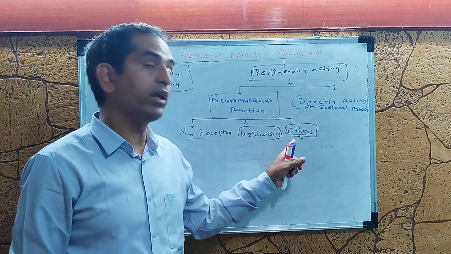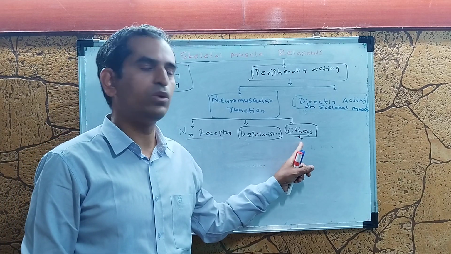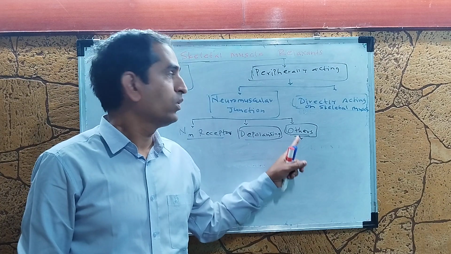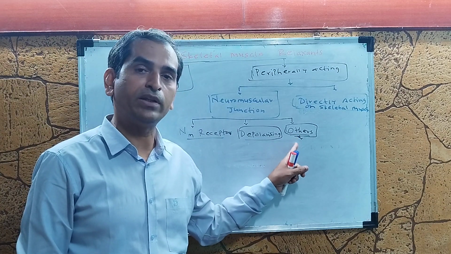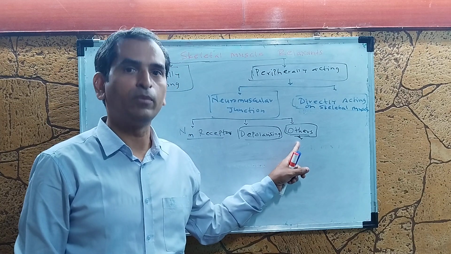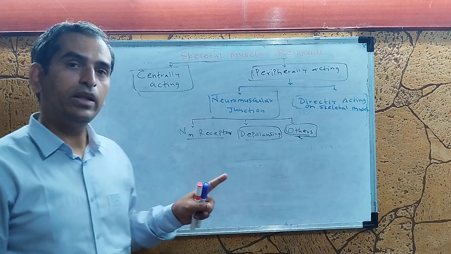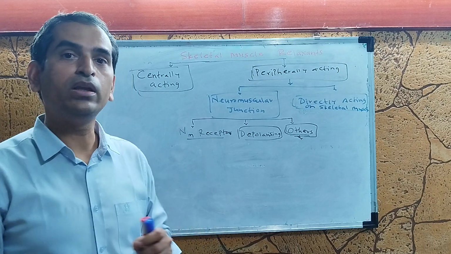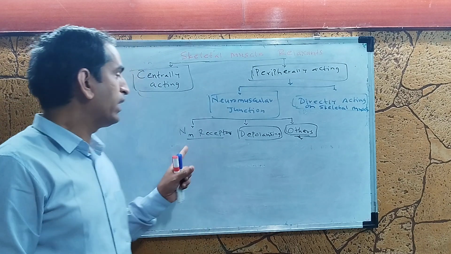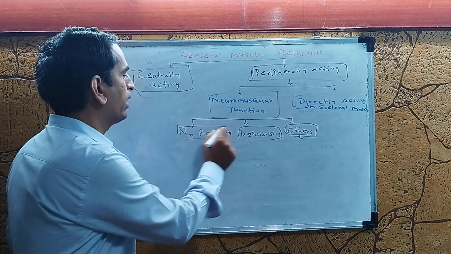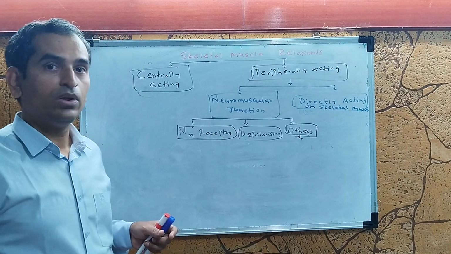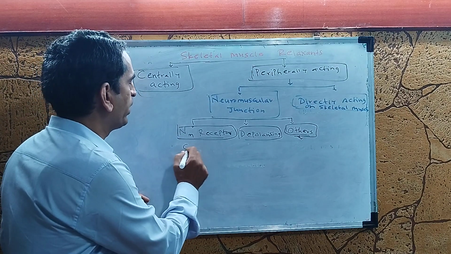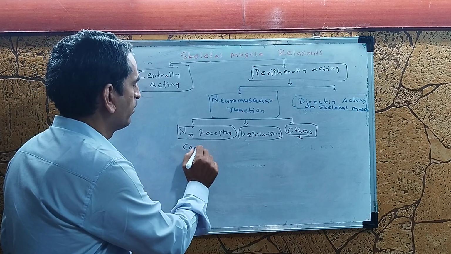So by inhibiting the release of acetylcholine, this group of drugs, or botulinum toxin, works. Once the acetylcholine is released, it is going to work on the neuromuscular junction. That junction is blocked by the drugs acting on the neuromuscular junction. Because they work on the receptor, they are called the competitive type of blockers.